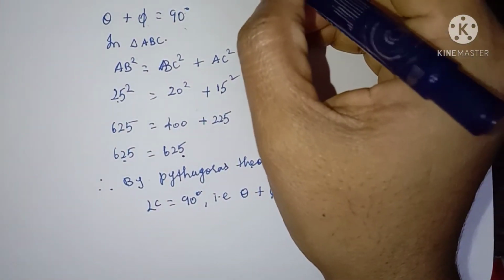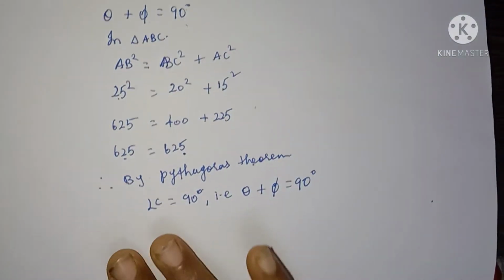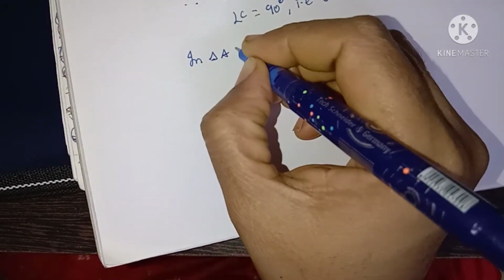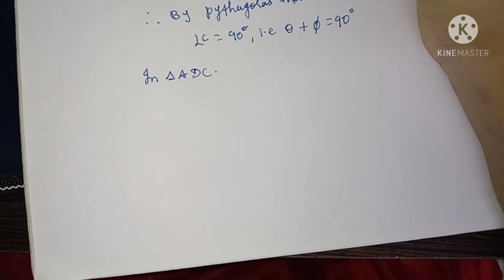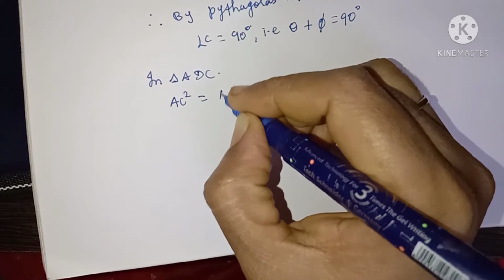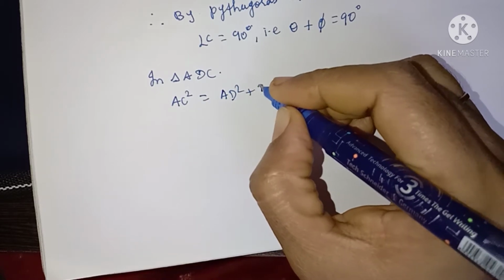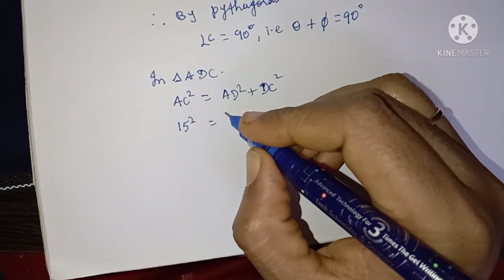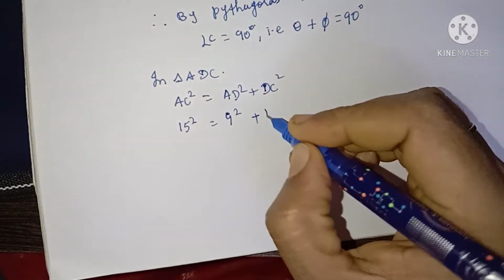Therefore, if you take triangle ADC, square of the hypotenuse AC square is equal to AD square plus DC square. AC square is 15 square, AD square is 9 square and DC square is 12 square.